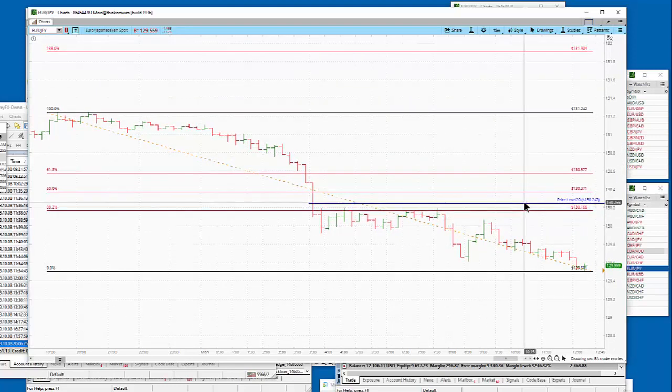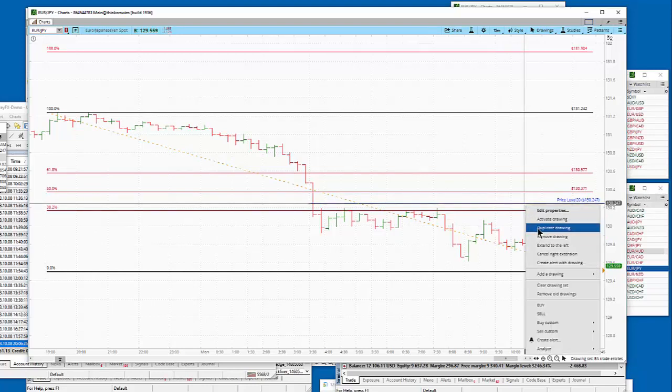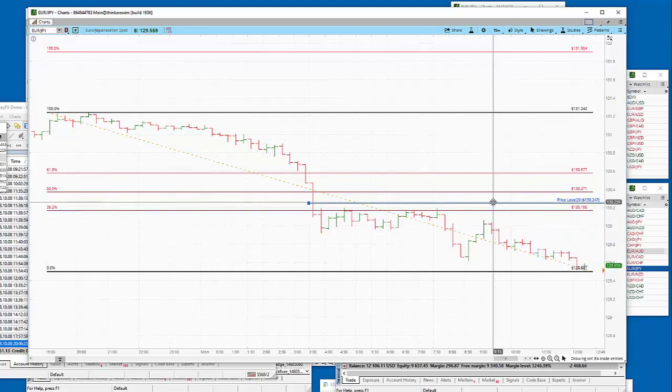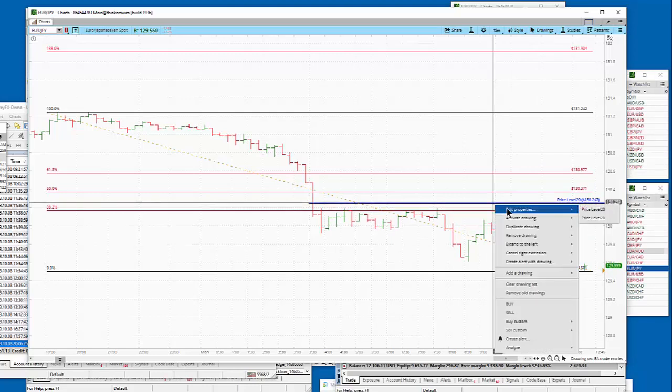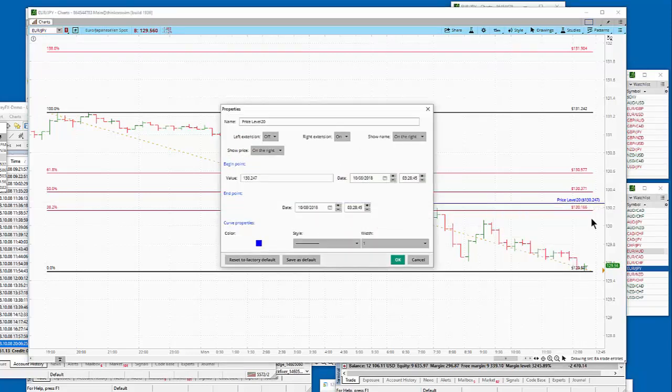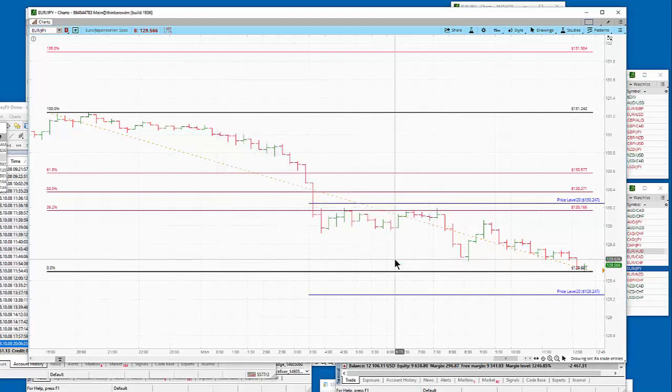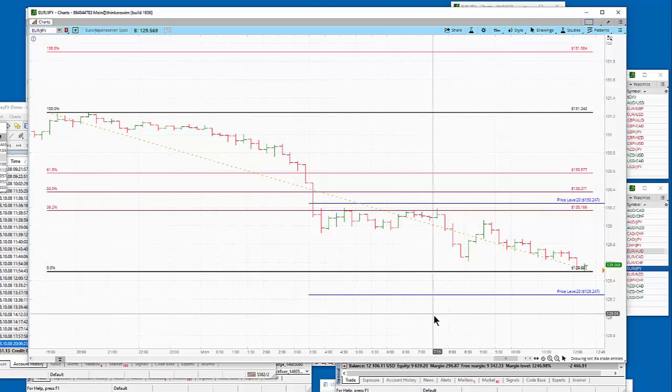Let me duplicate this line, and then we'll move this new line down 100 pips. I think it would be this one. So if this were to go down 100 pips, that would put us at 129.24.